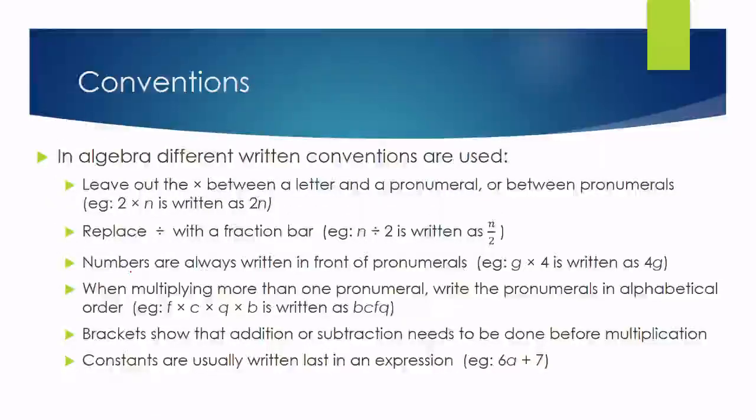Okay, some conventions. Now, convention seems like a really, really big word, but this is basically a little set of rules that we have when it comes to some algebra or using algebra in the mathematics world. The first convention that you can see there is that if we are multiplying a number by a letter, so as you saw a couple of slides back, a coefficient and a pronumeral, we actually leave the multiplication sign out.